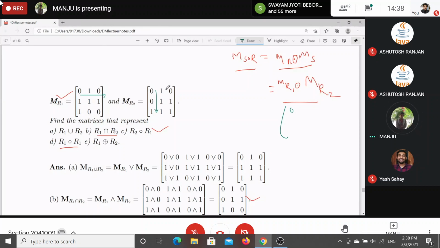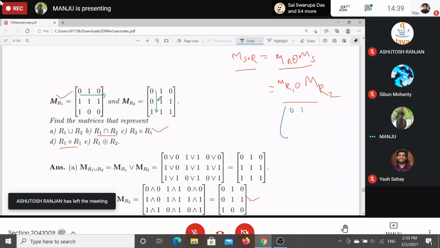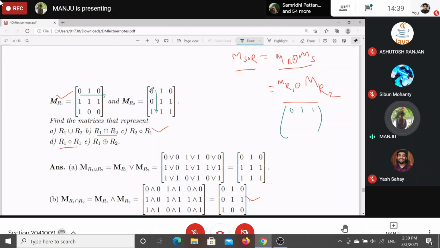Then 0, 1, 0. The disjunction will be 1, right? 1. 0, 1, 0, 1. Then it is 1, 1, 0, 0, 1, 1. 1, 1, 1. That will be 1, 1, 1. Right? What about this one? 0, 0, 1, 0.